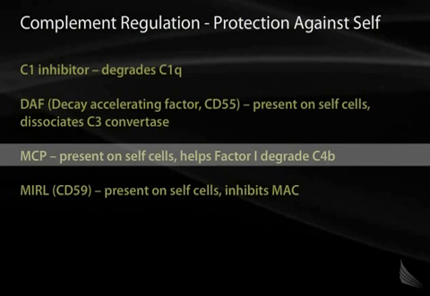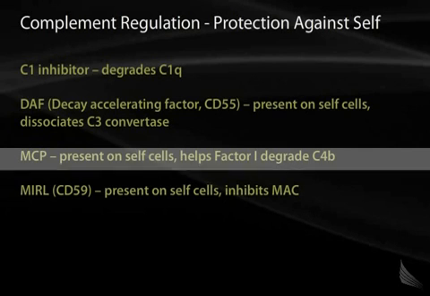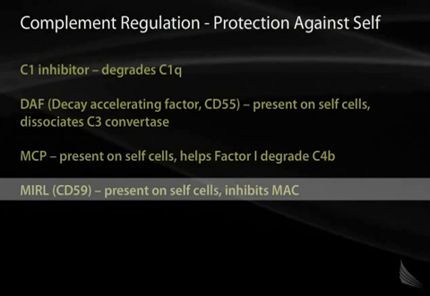MCP helps factor I degrade C4b, so there's another step in the cascade that we can prevent, and CD59 or MIRL inhibits MAC formation. So at multiple steps along the pathway, from the initiatory step, to the convertase step, all the way down to the MAC step, we have different regulatory proteins that can prevent complement from punching holes in our own cells.